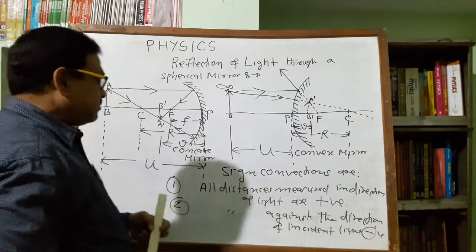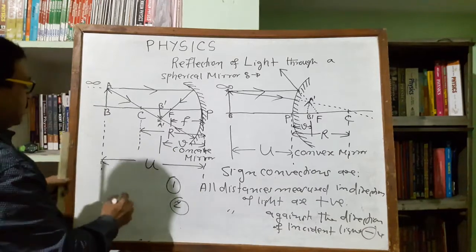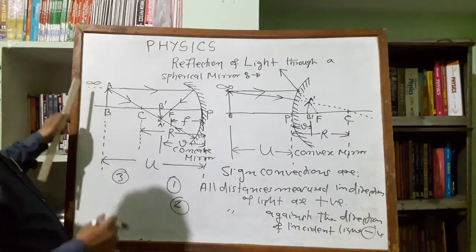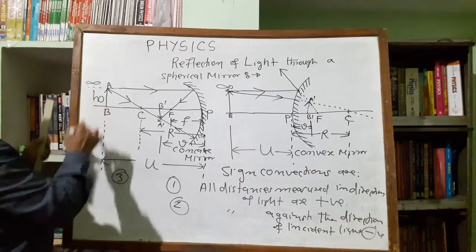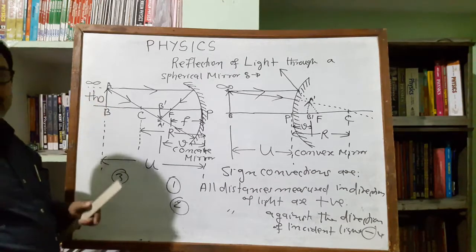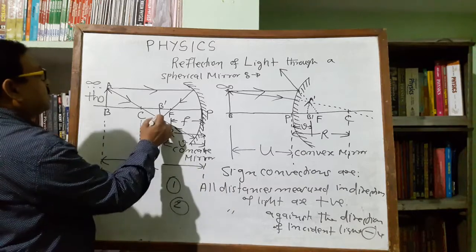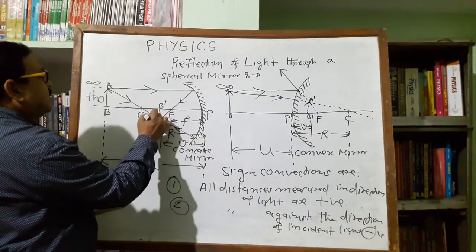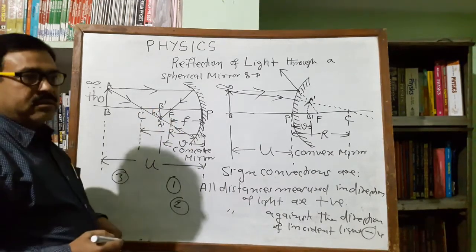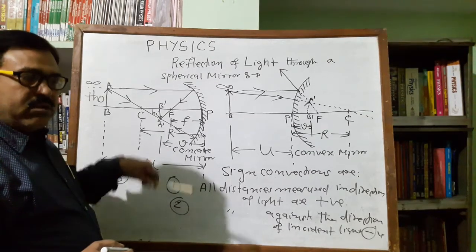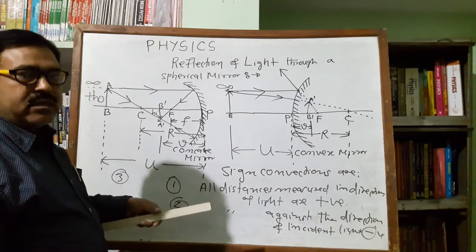and focal length. Now the third sign convention is that the height of the object, HO, is taken positive because it is above the principal axis. The height of the image for the concave mirror is taken negative because an inverted image is formed. When the image is formed below the principal axis, the sign is minus.